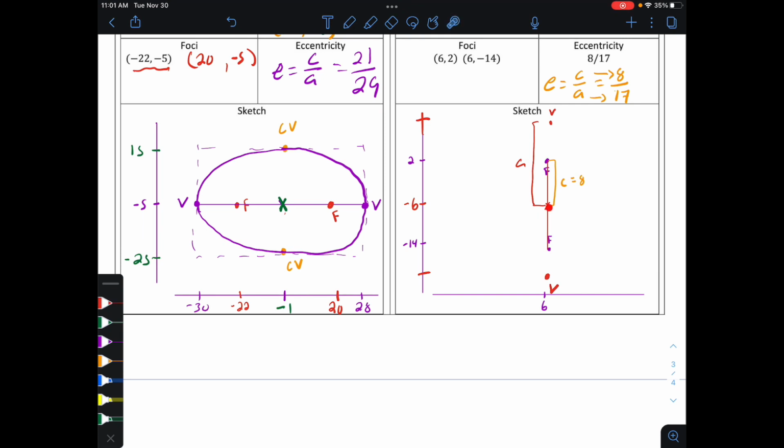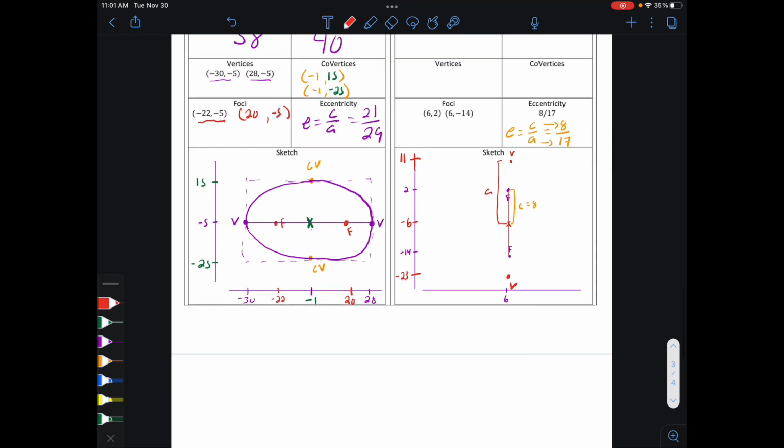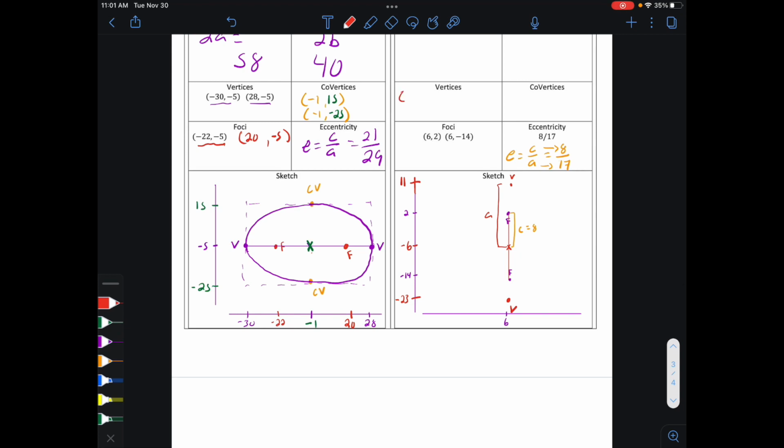So I'm going to add and subtract 17 from the y value of my center. So negative 6 plus 17 takes us to 11. And then negative 6 minus 17 is going to give us the other one, which is negative 23. So we have our vertices. So I have one vertex at (6, 11), and I have one vertex at (6, -23).